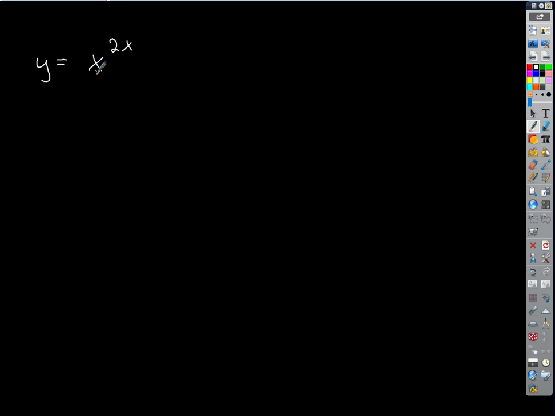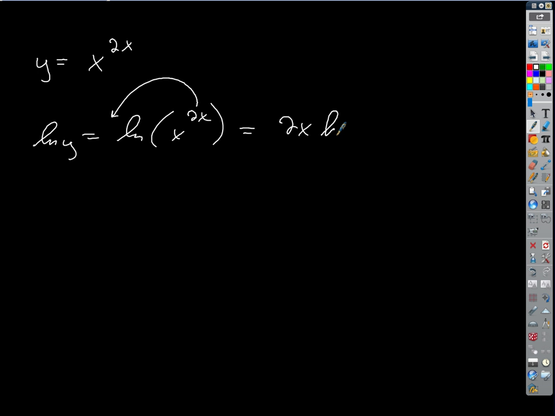If we log both sides, what's that equal to, if I use my properties of logs? Natural log of x to the 2x. The 2x comes down, right? The exponent comes down. So we get 2x log x.